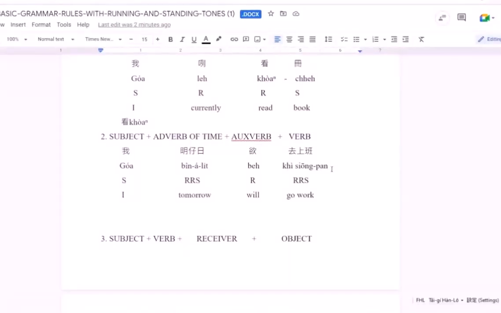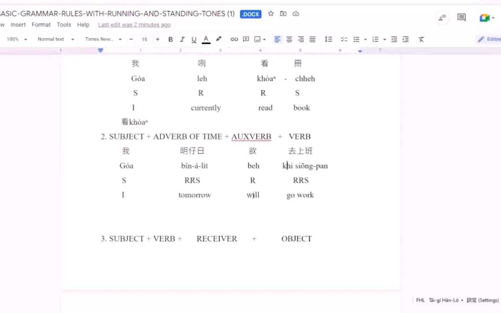Obviously, if you put all those sounds together in a sentence and speak it like that, it's going to sound really strange. That's why, following this logic, we could tell which are the standing and the running tones, and the rules we explained earlier regarding the tone changes.